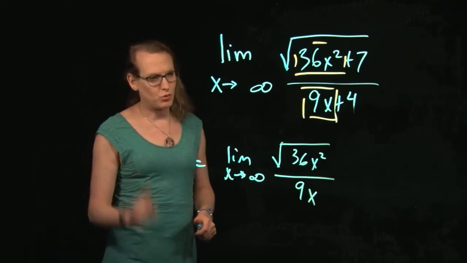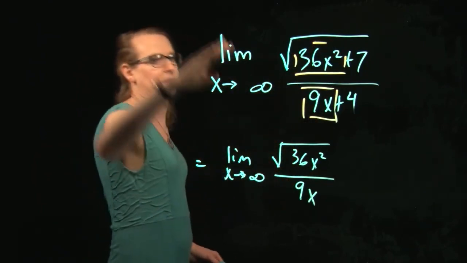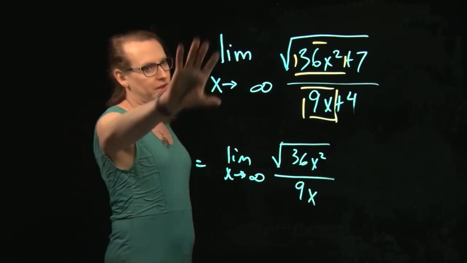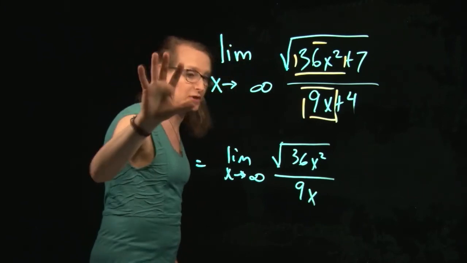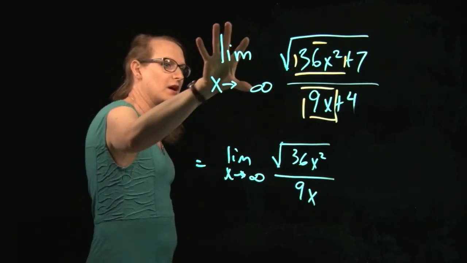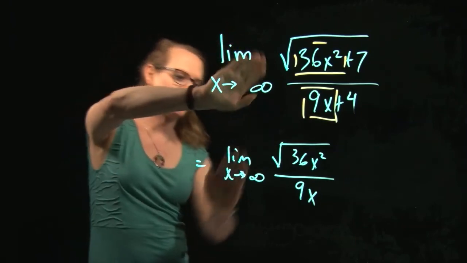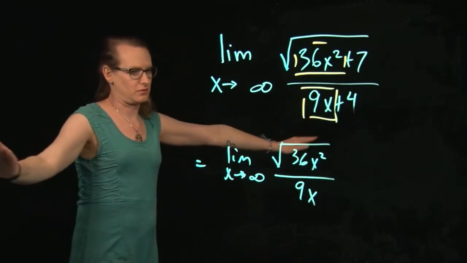I'd like to emphasize once again, I'm not saying this function equals this function. I'm saying the limits are equal to each other. If I didn't have the limit sign out front, the thing saying we're considering moving values of x and seeing what happens as it moves further to the right, I wouldn't be able to write these two things. These two functions are not equal to each other. They're not.